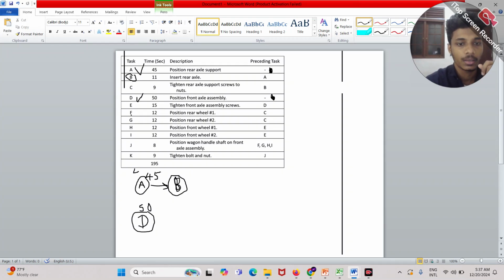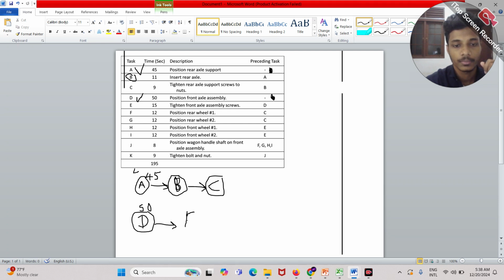let's see, C is the output of B, right? Therefore I'll draw like this, right? C. Then we draw these things, and E is the output of D. Therefore I'll draw like this, right?